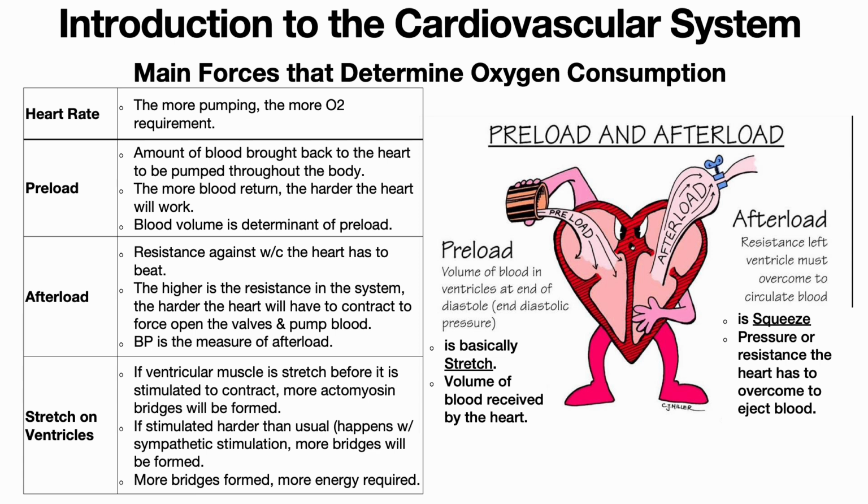So, the preload is basically stretch. So, it's the volume of blood received by heart, while the afterload is the squeeze. So, this is the pressure or resistance the heart has to overcome to eject blood.